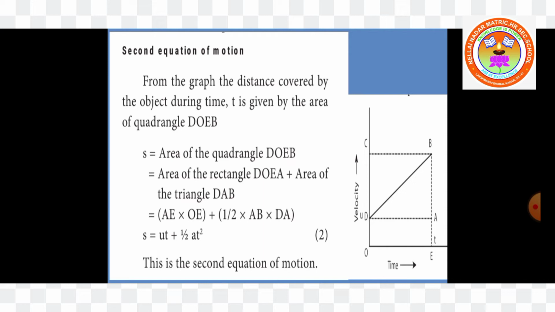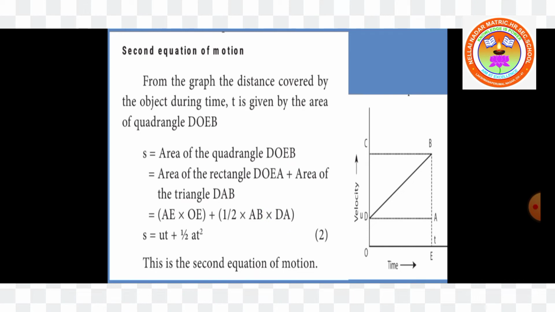It is calculated by using length and breadth, that is AE into OE. So AE into OE, plus the area of the triangle DAB, that is 1 divided by 2 times breadth times height. Here the breadth is AB and the height of the triangle is DA.